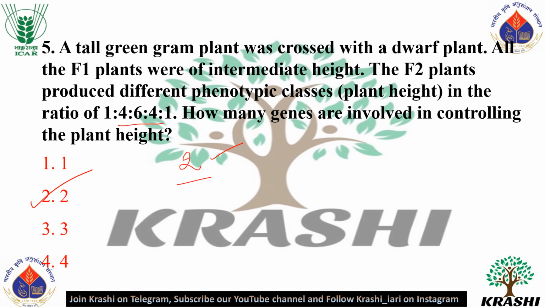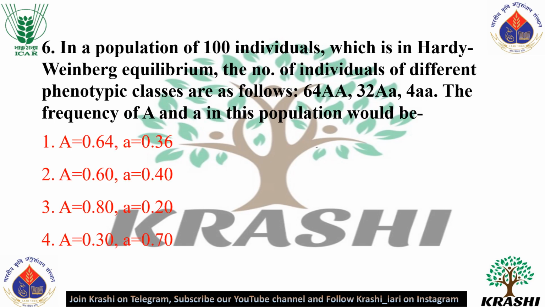Question number 6. In a population of 100 individuals, which is in Hardy Weinberg equilibrium, the number of individuals of different phenotypic classes are as follows: 64, 32 and 4. The frequency of capital A and small a in this population would be. So from 32 Aa we can find out that both the alleles have 16 frequency.